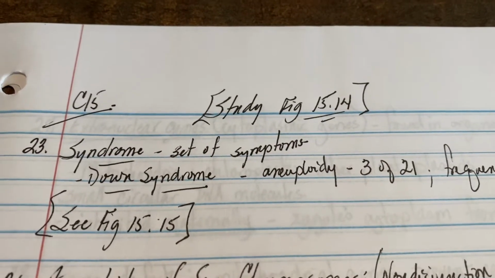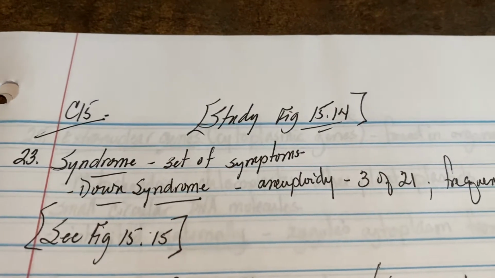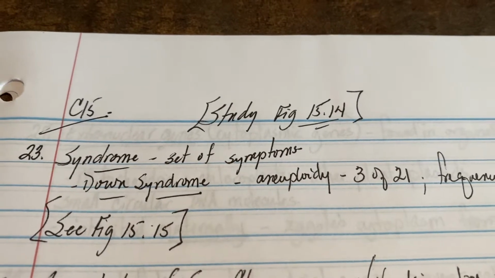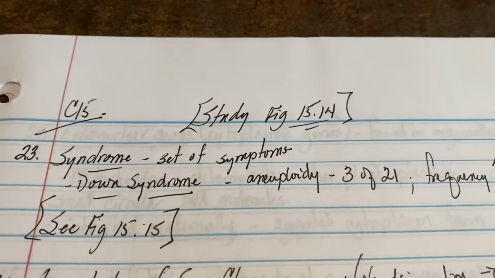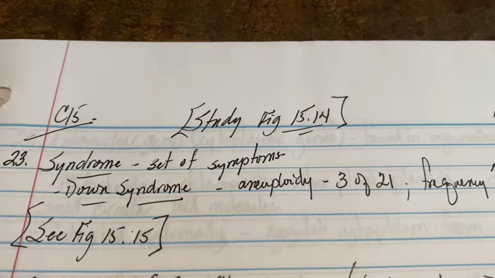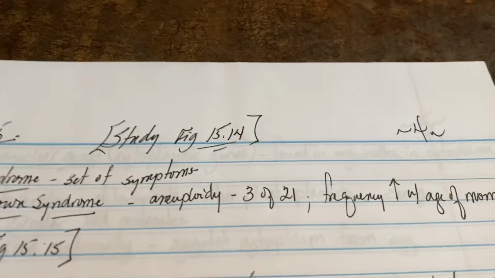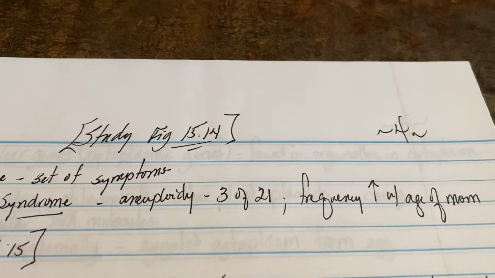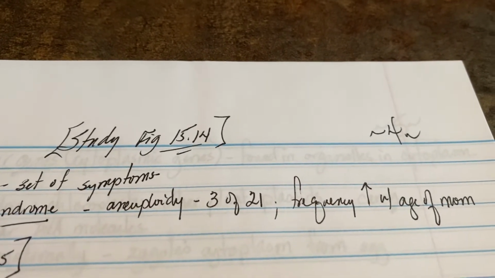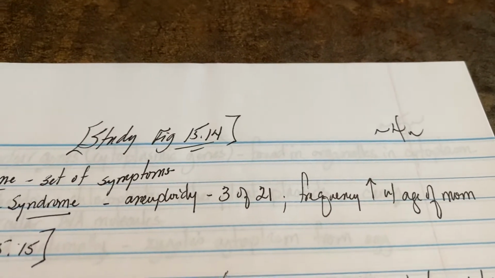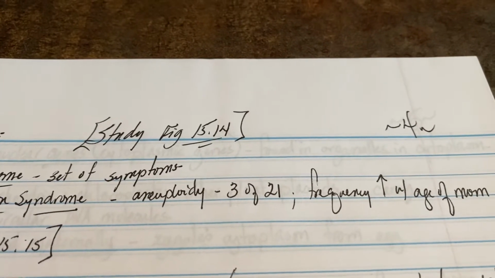The term that we use for the set of symptoms that arise because of changes in your genetics is syndrome. For example, Down syndrome is an aneuploidy condition where the person has 3 of chromosome number 21. And interestingly enough, the odds of this happening increase with the age of mom whenever she gets pregnant.